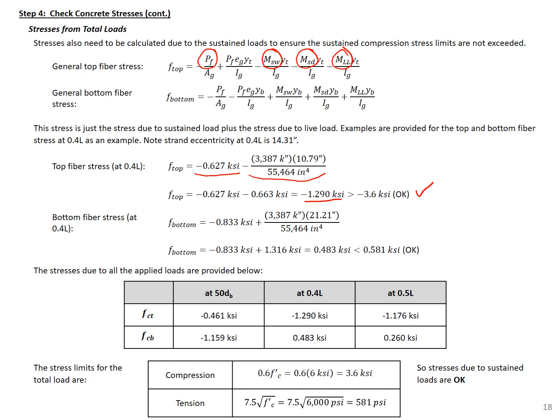And then our tension stress is 0.483 KSI, which is less than our tensile stress limit. I did this as well at the transfer length and at midspan, and we can see that all of our stresses are okay here. So our stresses at these 3 locations check all of our ACI stress limits.